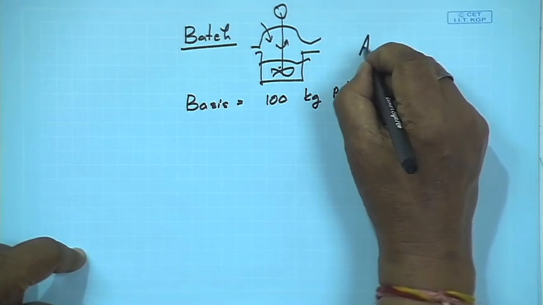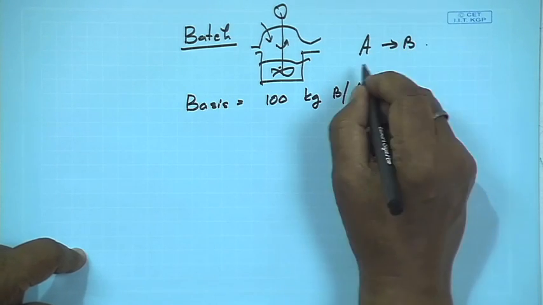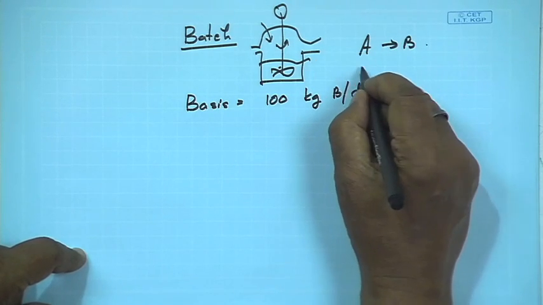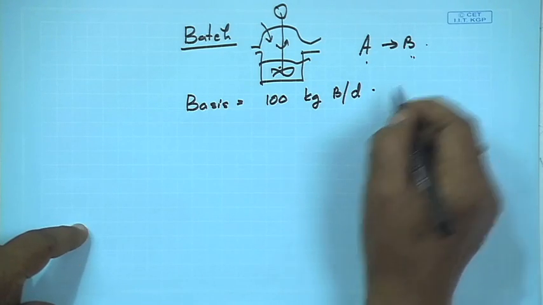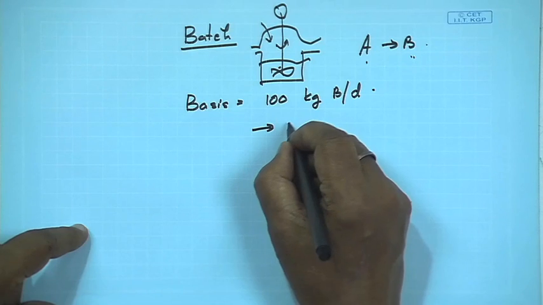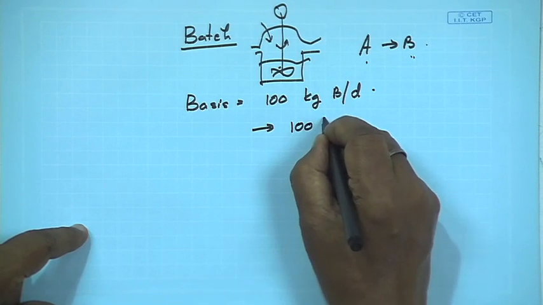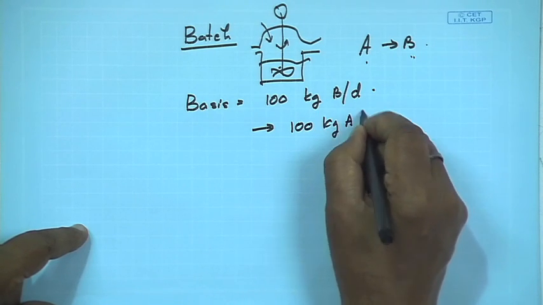So, the same reaction A to B, and we considered this is glucose to fructose. So, the same: 1 gram of substrate gives 1 gram of product. So, I can write that this requires 100 kg of A per day.